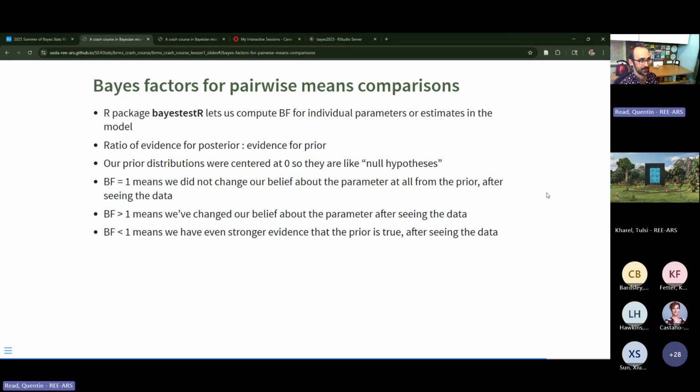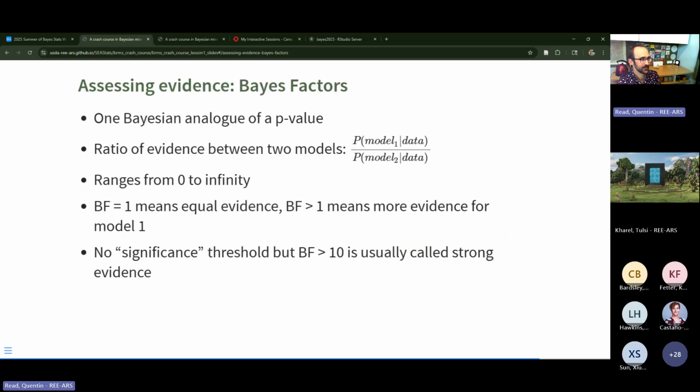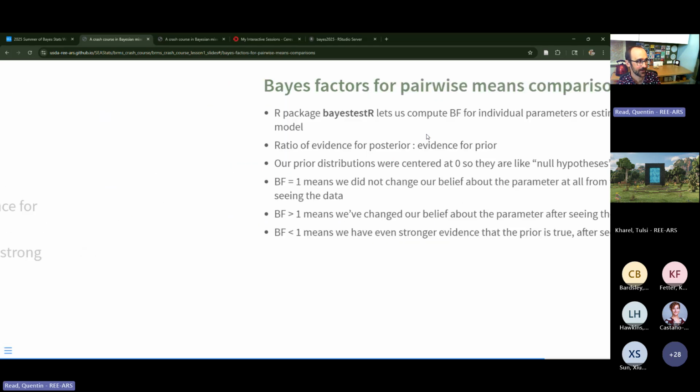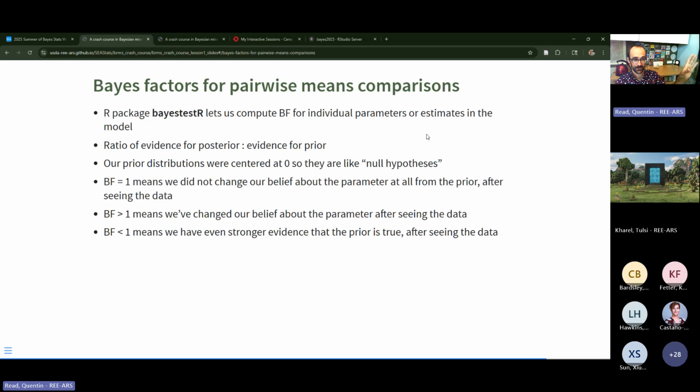We can calculate Bayes factors for any parameter or estimated marginal mean or anything we want in a model. And so, in the previous slide, I said there's two models competing. What are the two models we're comparing? One is our posterior and the other is our prior, the model that we assumed before seeing the data. If you remember, we used priors that were normal distributions centered at 0.